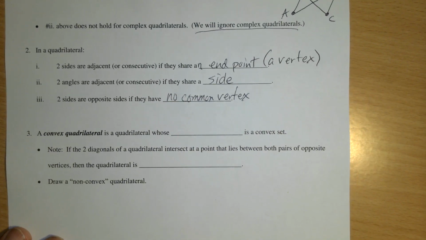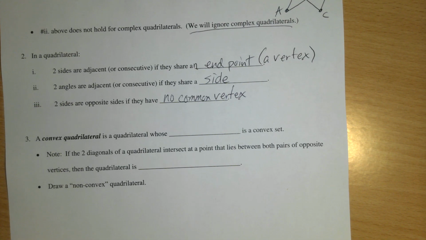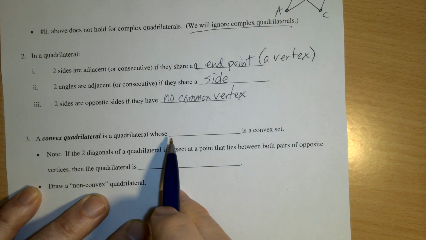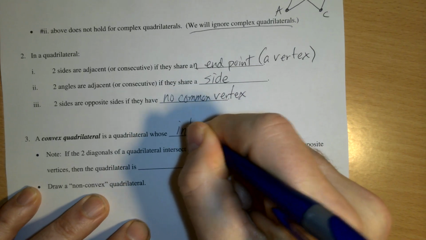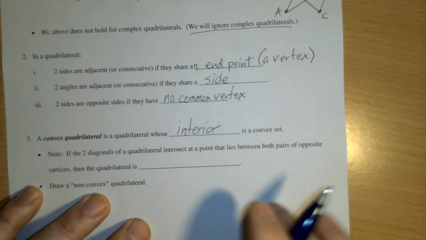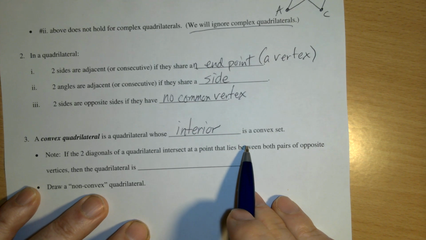All right, number 3. A convex quadrilateral is probably something we're already familiar with. We know what a convex set is, and a convex quadrilateral is a quadrilateral whose interior, so not the quadrilateral itself, but inside it, is a convex set.